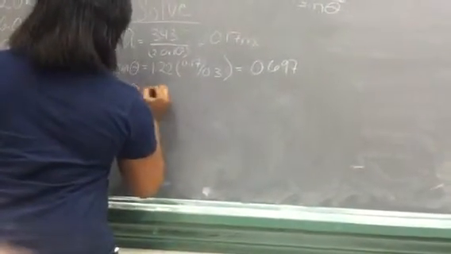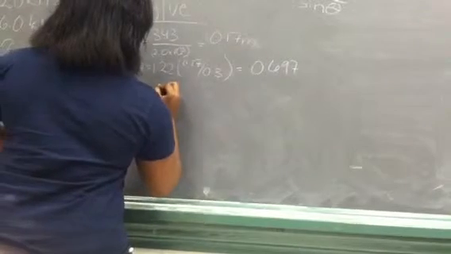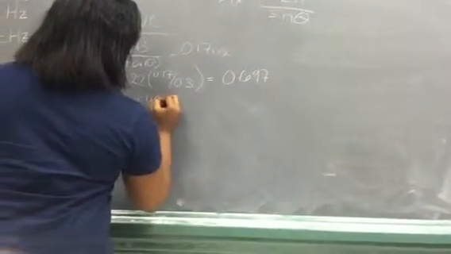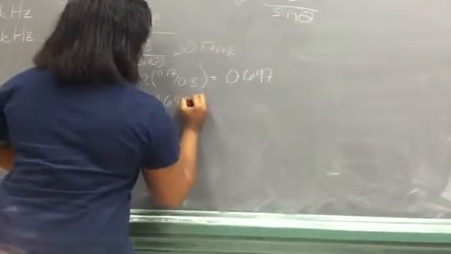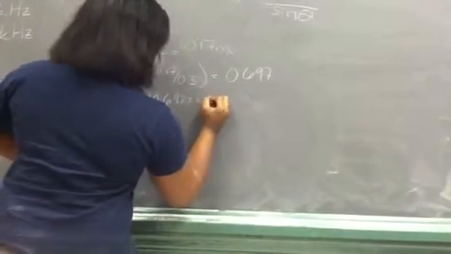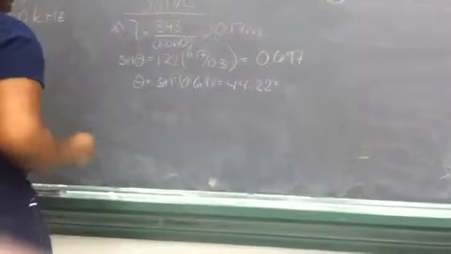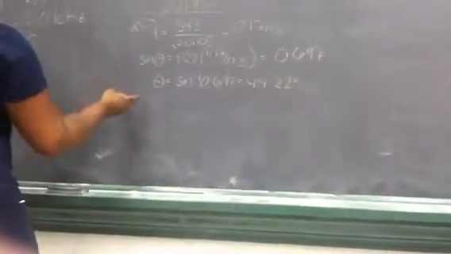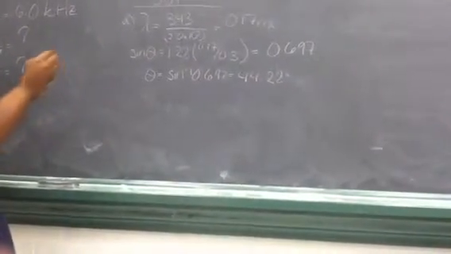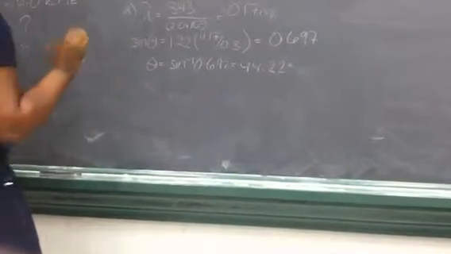We now have to find the inverse sine of this number to find the actual angle. So inverse sine of 0.697 gives us an angle of 44.22 degrees.